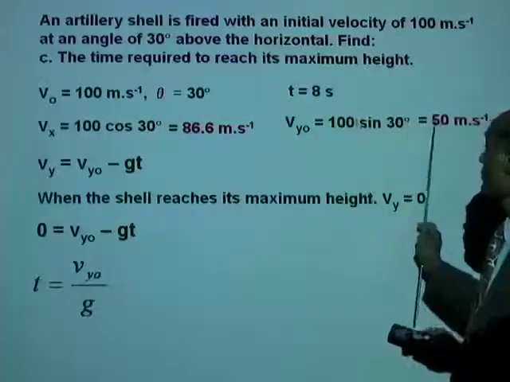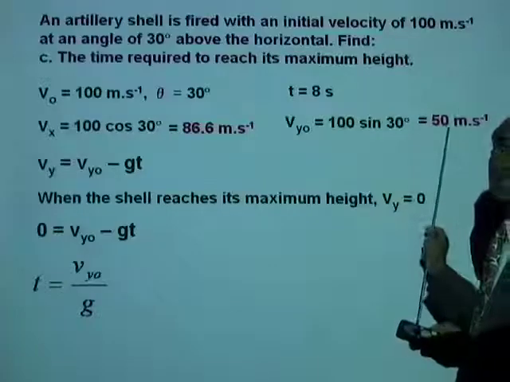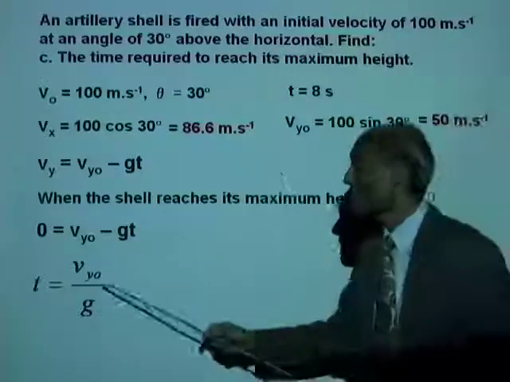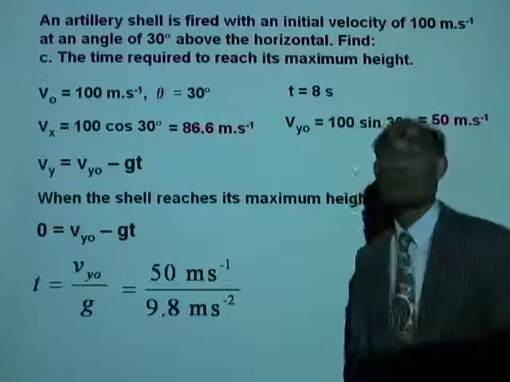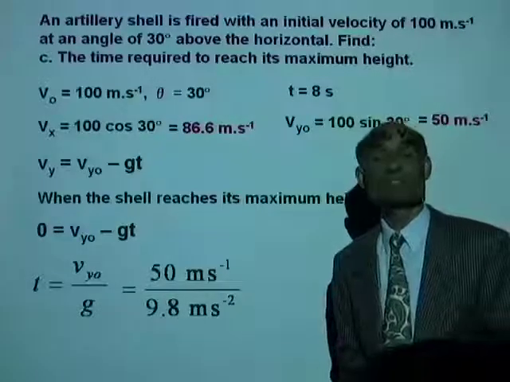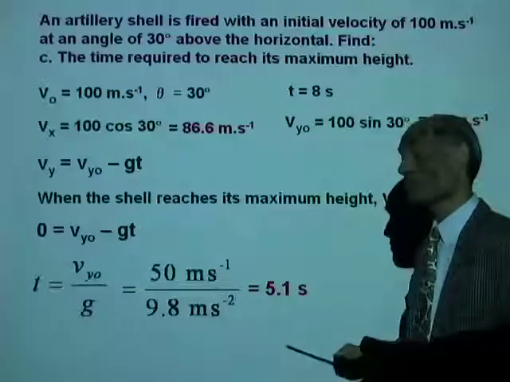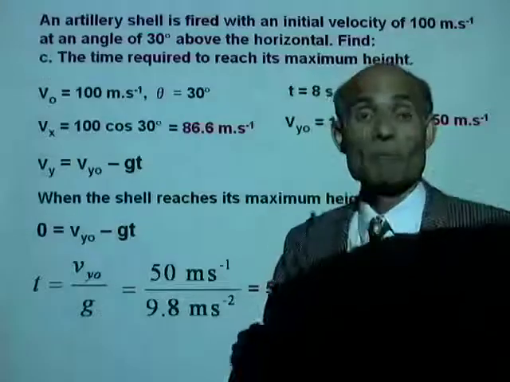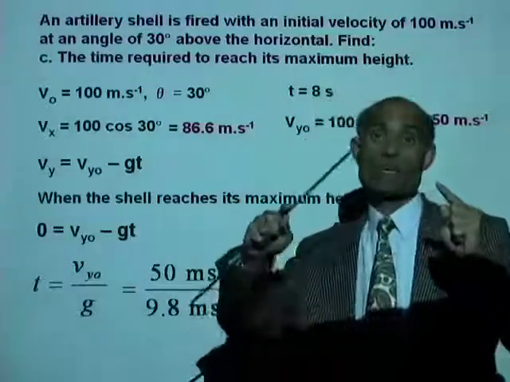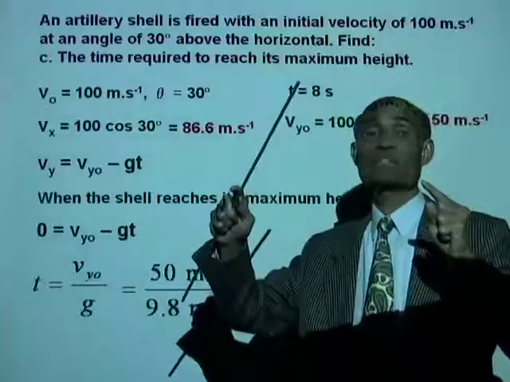And Vy0 we had calculated earlier is 50 meter per second. Therefore, that time is 50 meter per second divided by 9.8 meter per second squared. That is 5.1 seconds.